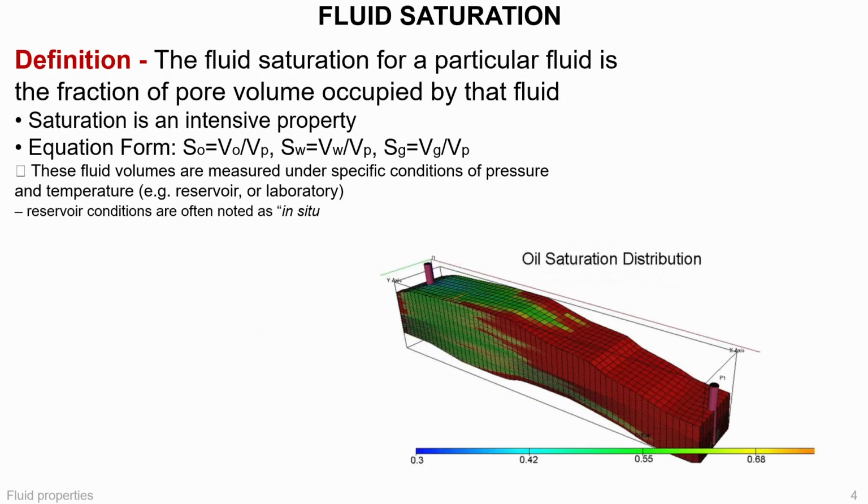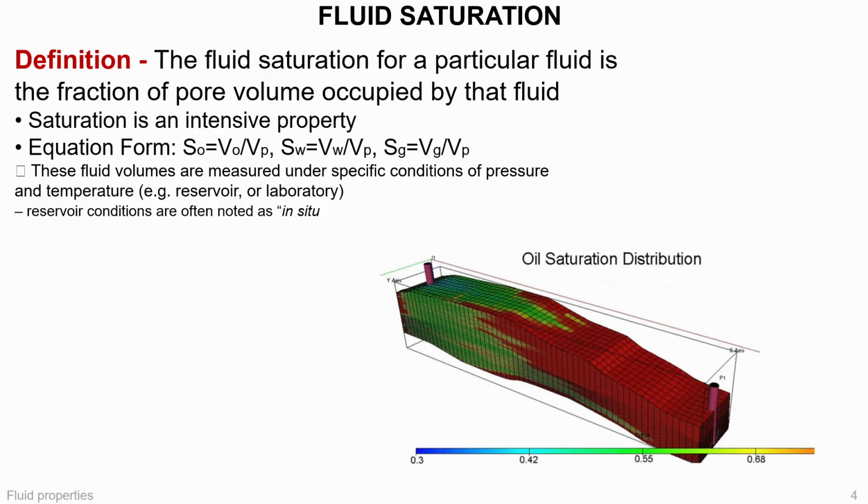Now we move to fluid saturation, which is one of the most fundamental reservoir concepts. Saturation is the fraction of pore volume occupied by a given fluid. We define So equals Vo/Vp for oil saturation, Sw equals Vw/Vp for water saturation, Sg equals Vg/Vp for gas saturation.